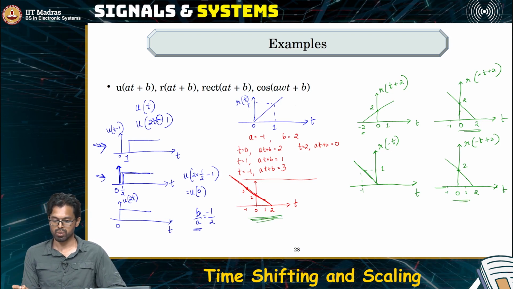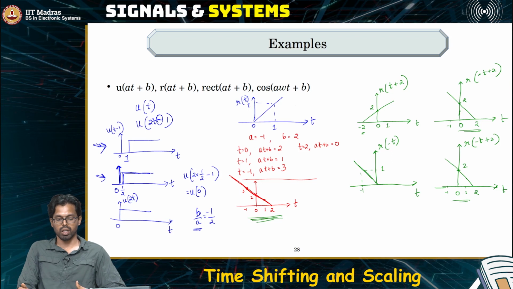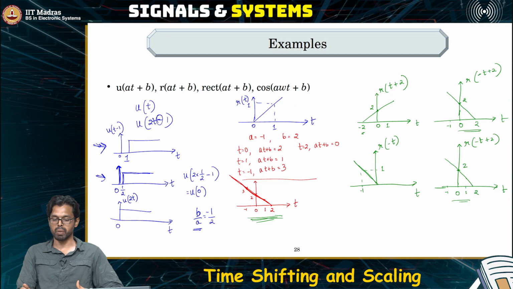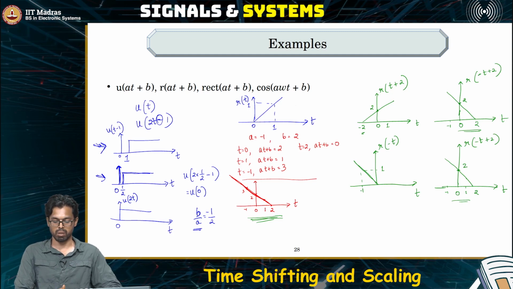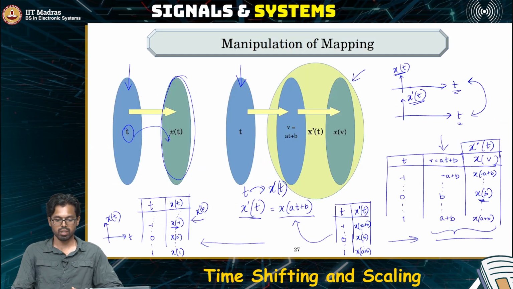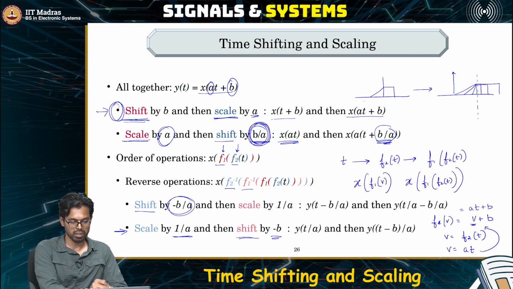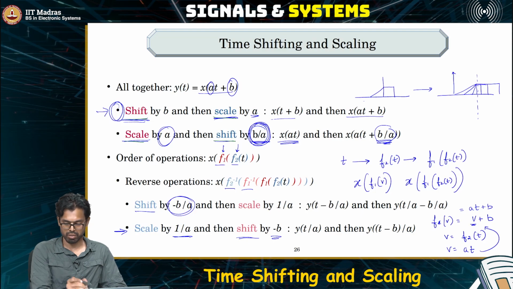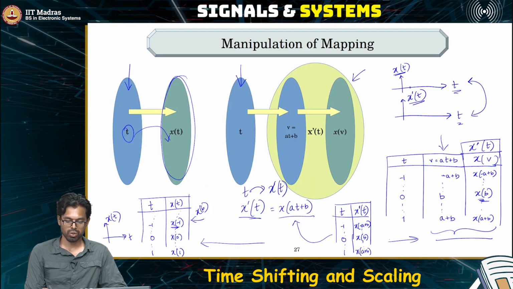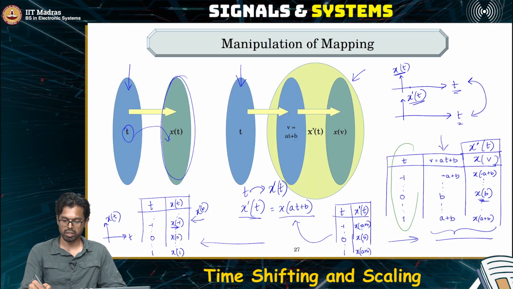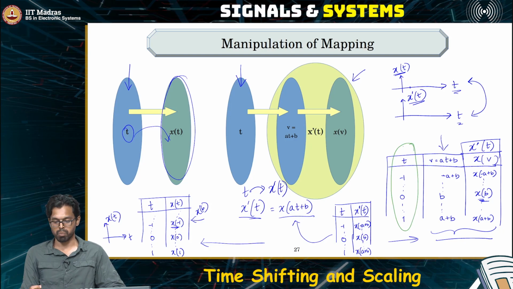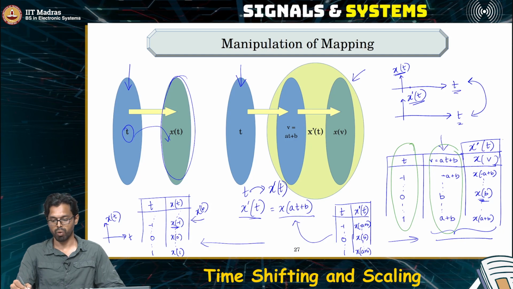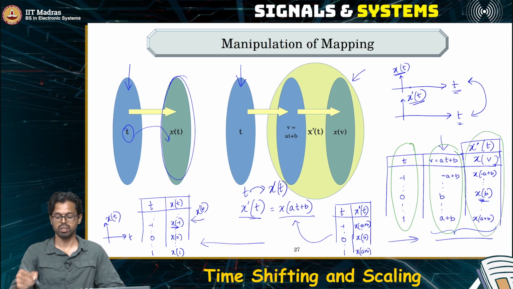Okay. So we have seen here 3 different ways of doing this time manipulation, or this independent variable manipulation. The first way is to shift and then scale, or scale and then shift, or just note down the important critical time points, transform them, and then plot what happens to those points in the graph.